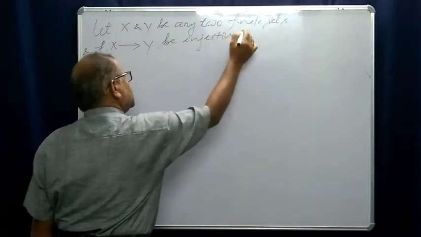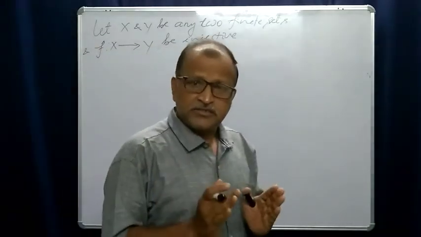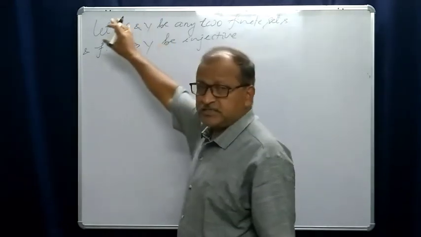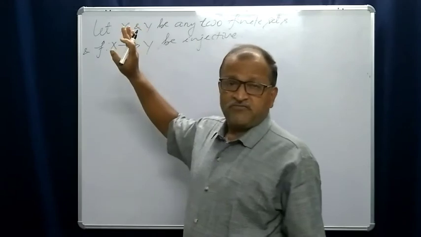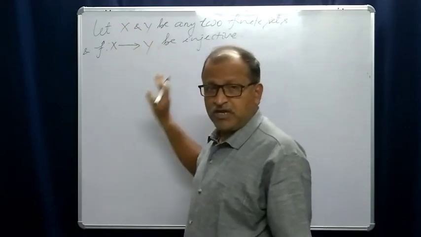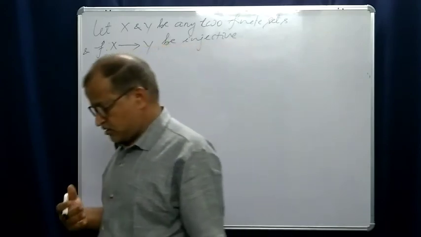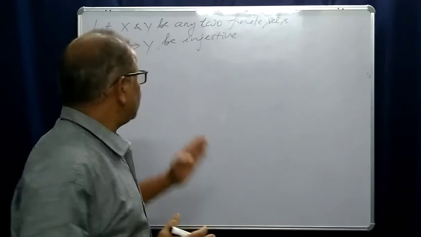Then what is the relationship between the cardinalities of x and y? Injective means one-one. So what is the relationship between the cardinalities of these two sets?